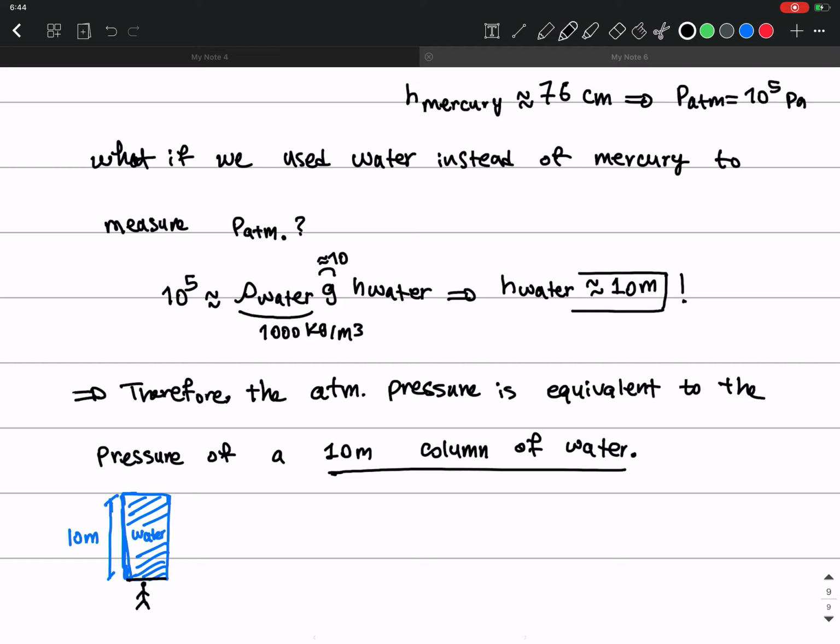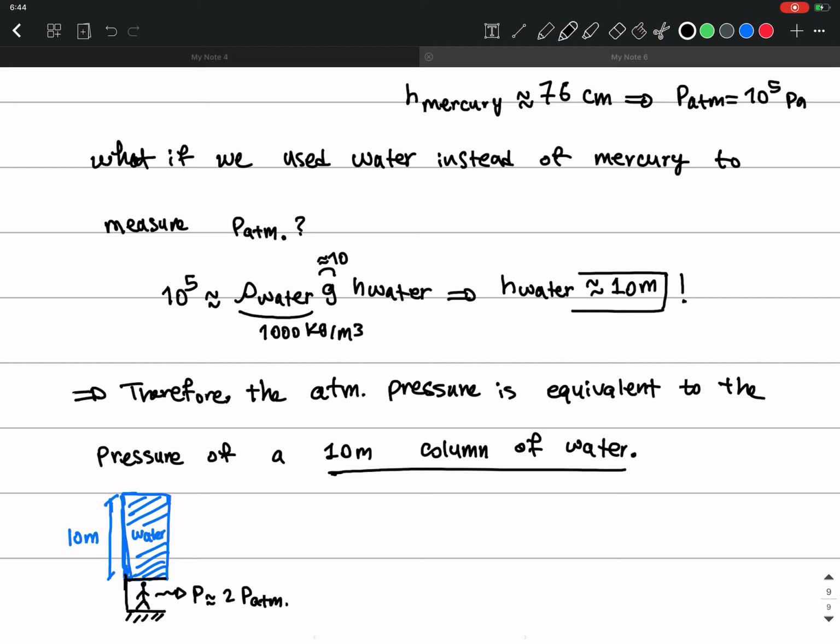For example, if you go to a swimming pool which has a 10 meter or let's say 12 meter depth, and there is 10 meter of water on top of you, the pressure that you feel is approximately 2 times the atmospheric pressure.